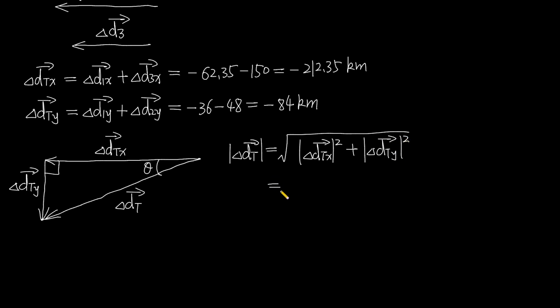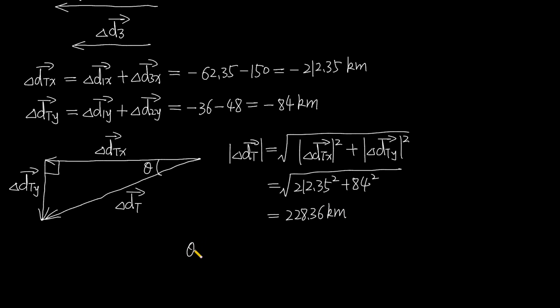Now this equals square root 212.35 square plus 84 square, and this equals 228.36 kilometers.